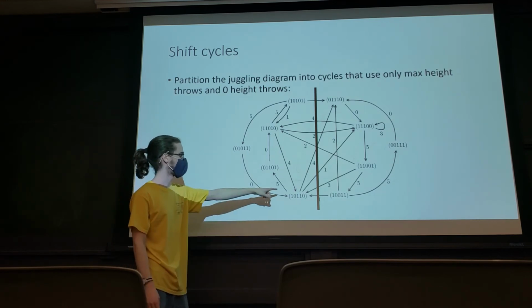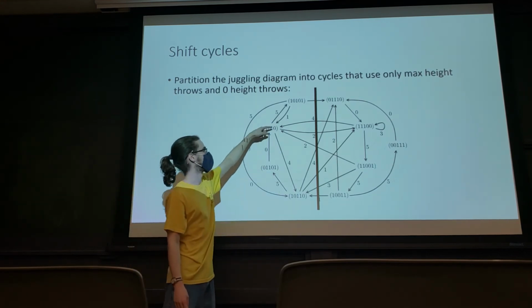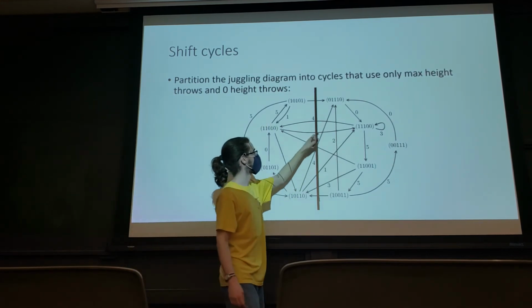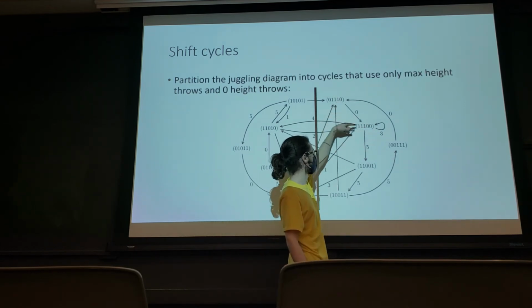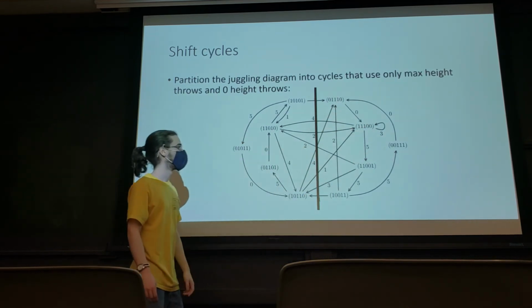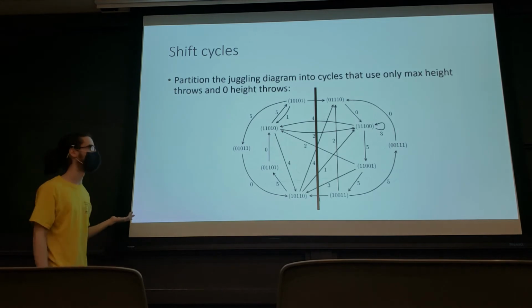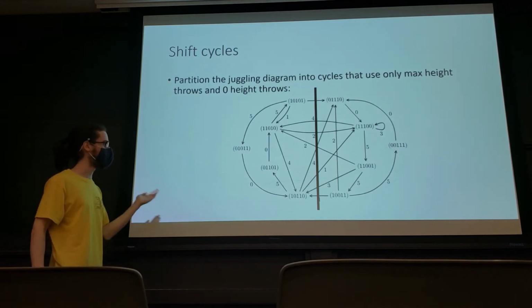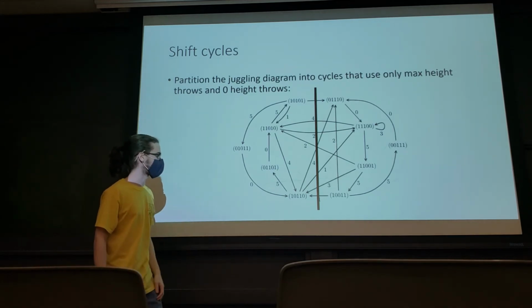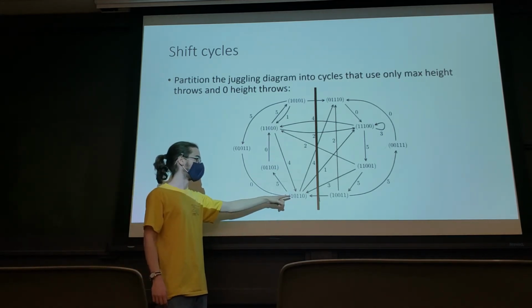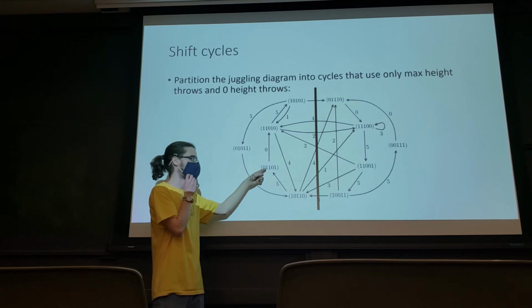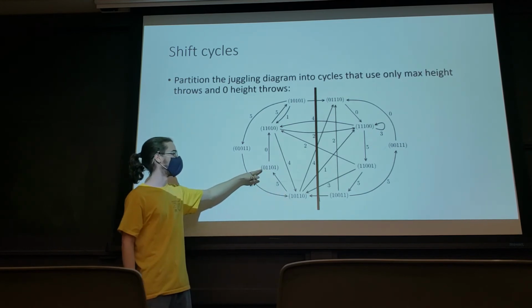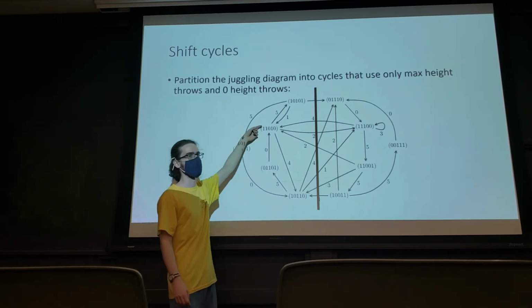The first one we have 5, 0, 5, 5, 0, and this one we have 0, 0, 0, 5, 5, 5. It's easy to see that this partition exists and it's unique. At each state, if a state starts with 1, then you can do a max height throw from it. Or if it starts with 0, then you can only do a 0 height throw from it.